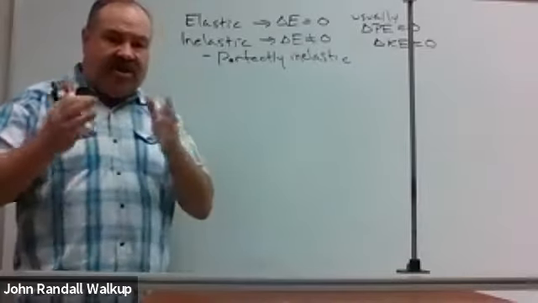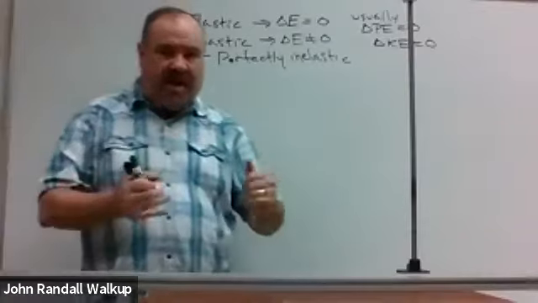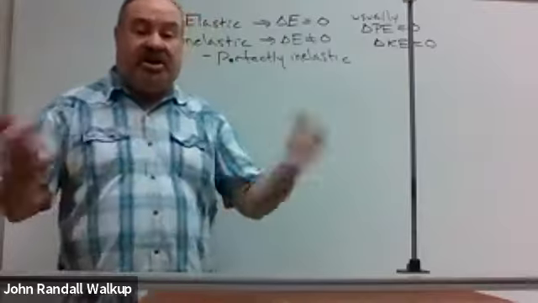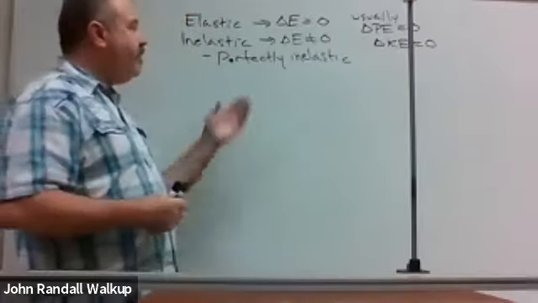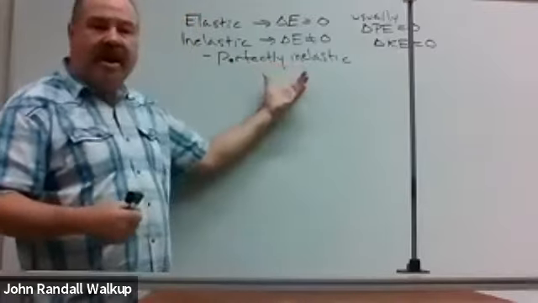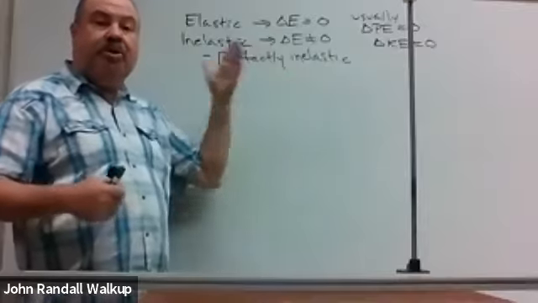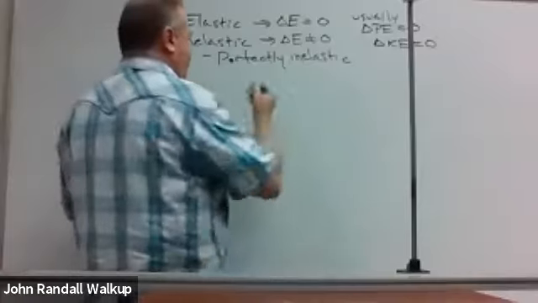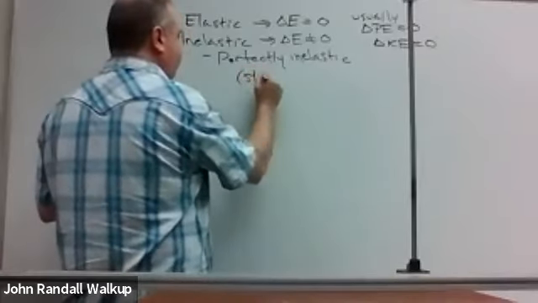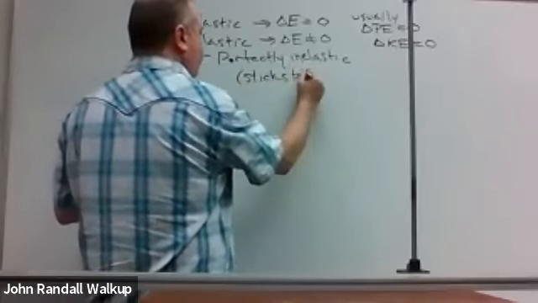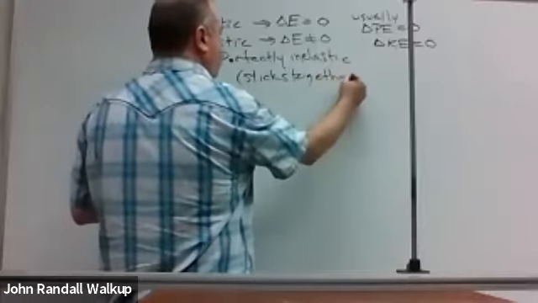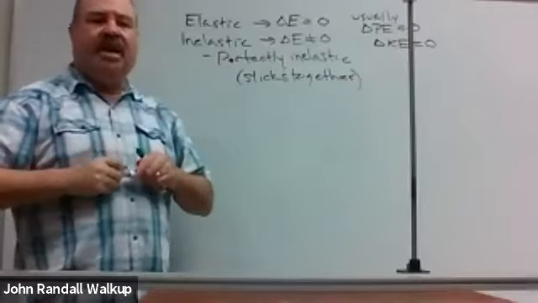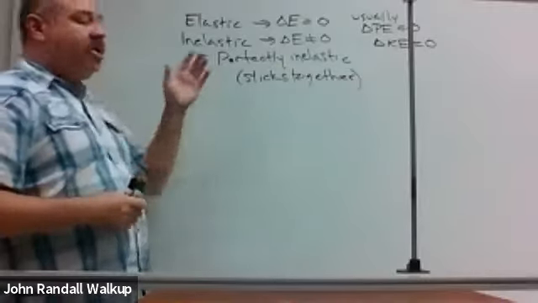The energy of the system you're examining, if it's undergoing an inelastic collision, decreases. And then there's perfectly inelastic, which means that you lose the maximum amount of energy possible. You can think of this as sticking together. Okay, so those are the 3 kinds of collisions.